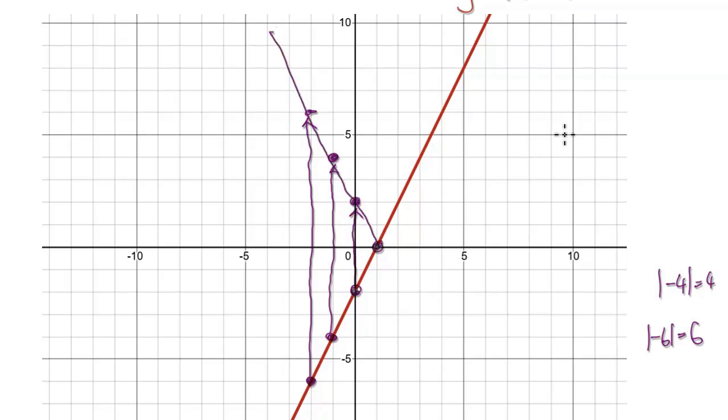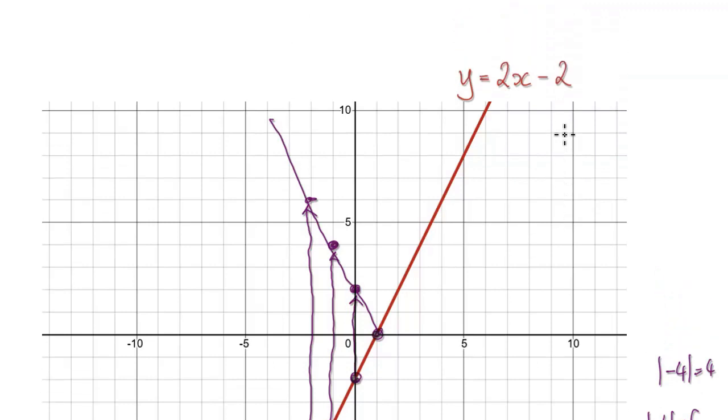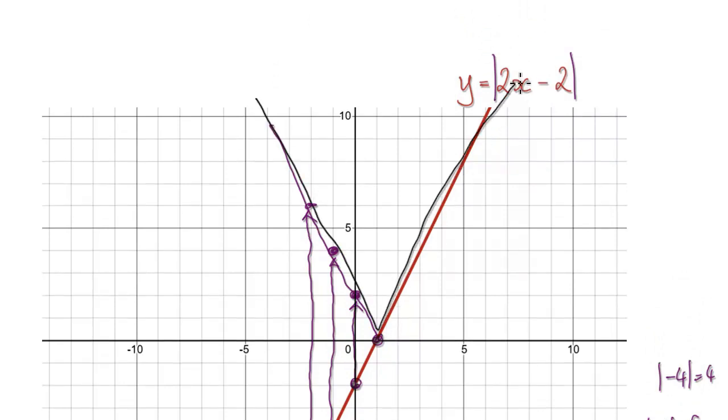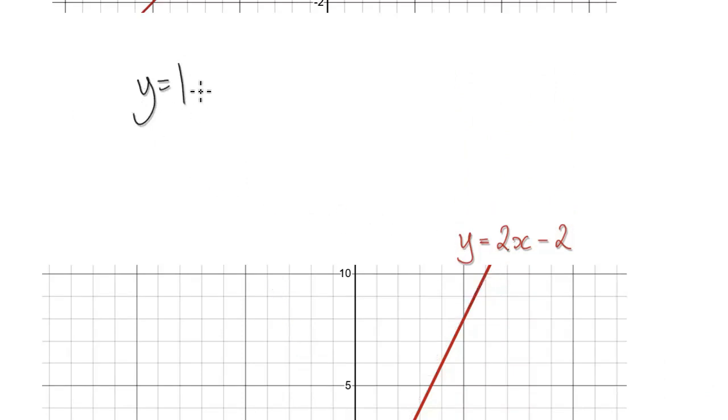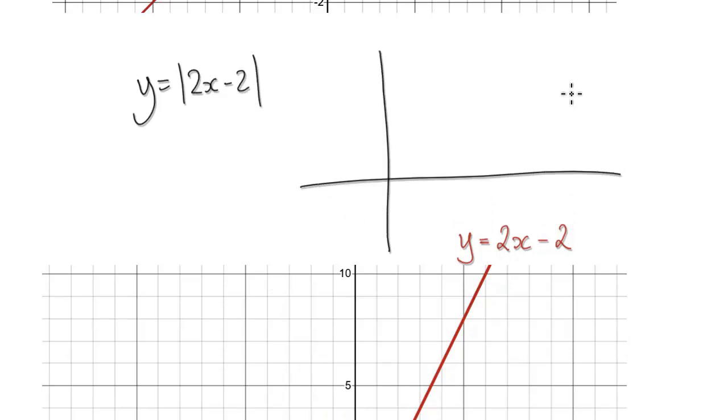So y equals the absolute value of 2x minus 2 will look like this. So in short, if you're asked to sketch the graph of y equals the absolute value of 2x minus 2, just draw your graph y equals 2x minus 2 as normal, which will look something like this.